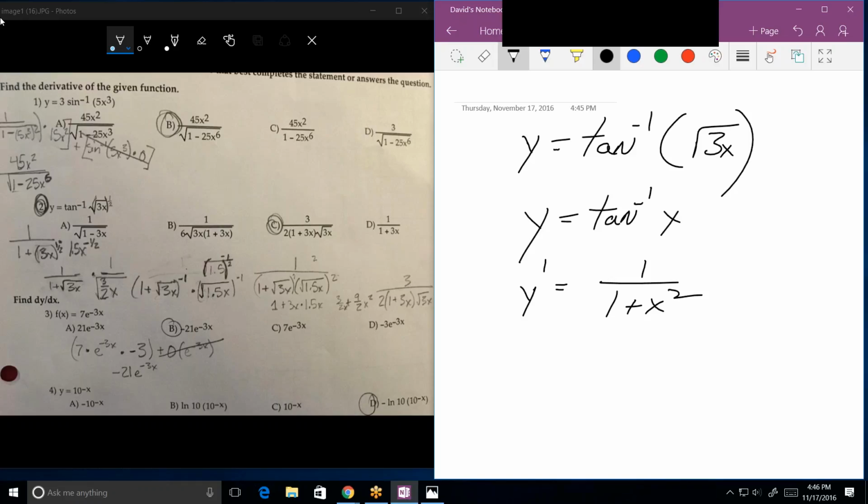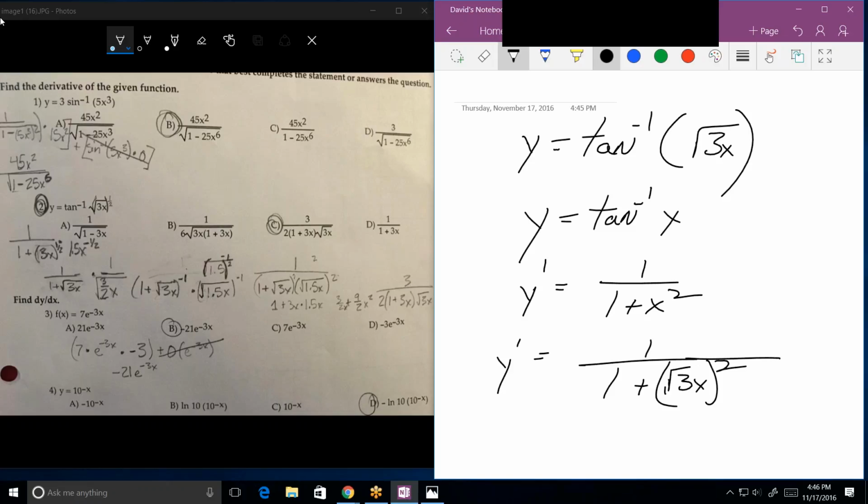Yes. Okay, so what we're going to do here is instead of x, it's square root of 3x. So y prime is going to be 1 over 1 plus, now in here I put square root of 3x squared. Oh, okay.